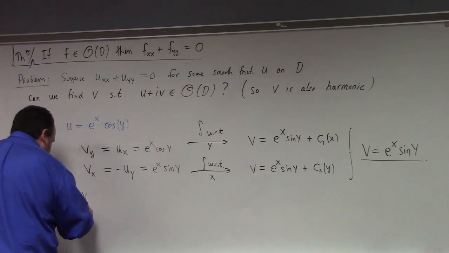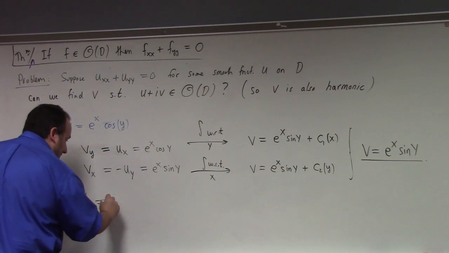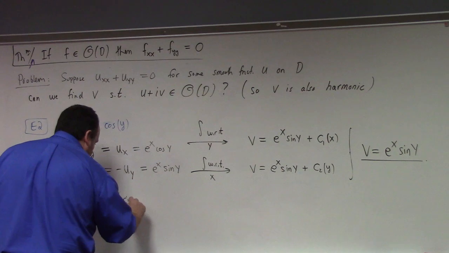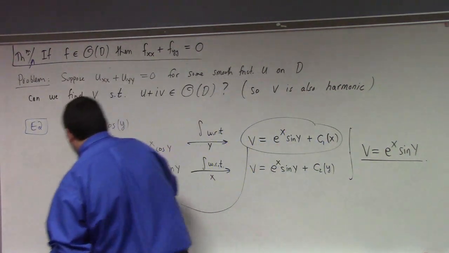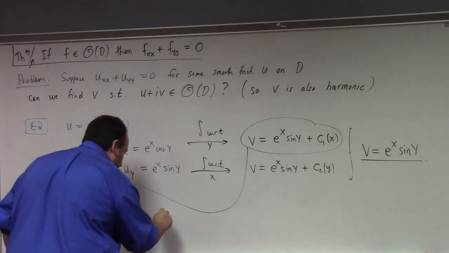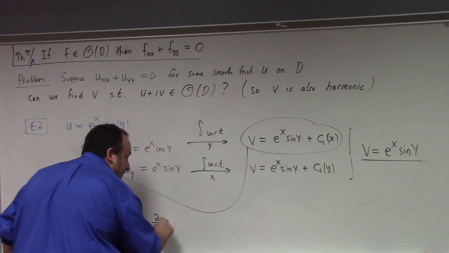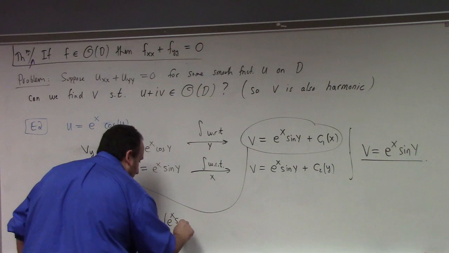So you want me to do this. Partial v partial x is equal to e to the x sine y. So I take this and plug that down in here, and that gives me that partial x. I think this is your question, I could be wrong.